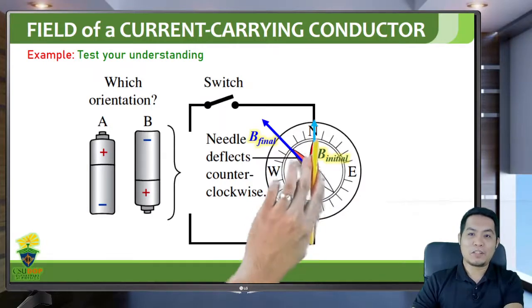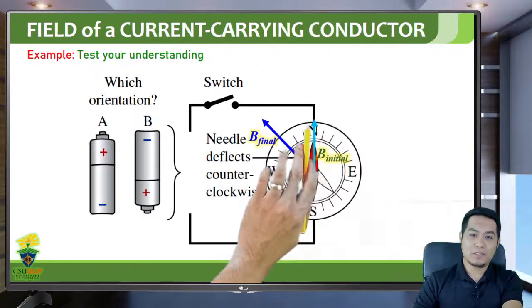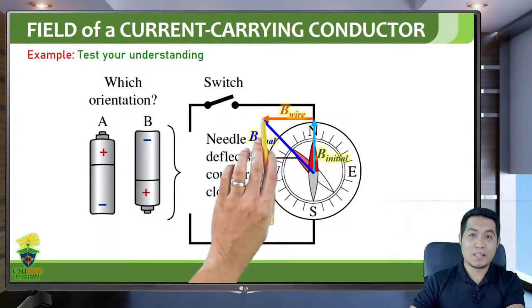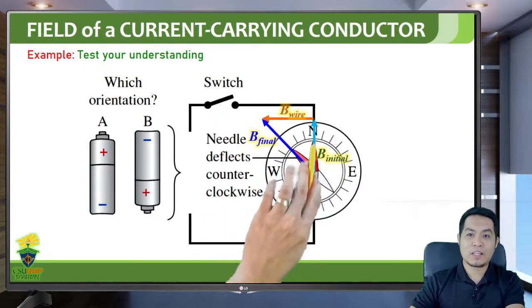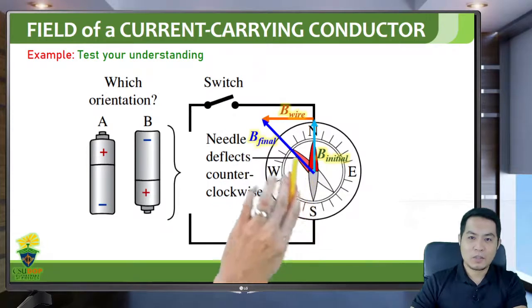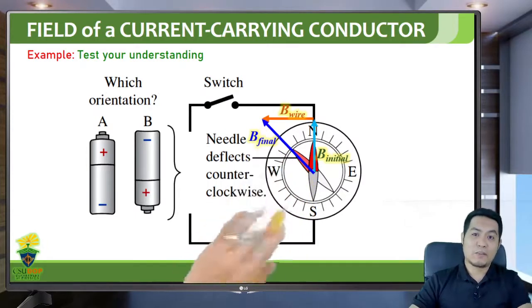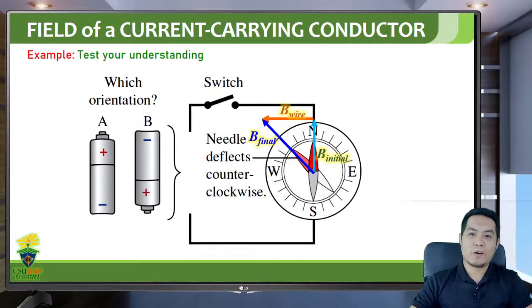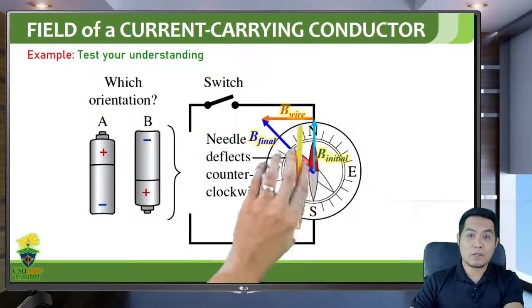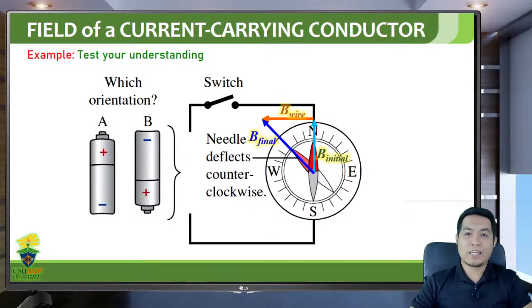You add the initial magnetic field of the earth plus the magnetic field of the wire, using the head to tail method of vectors, and that will result in the final magnetic field here. Now, the magnetic field of the wire on top of the wire should be pointing west.